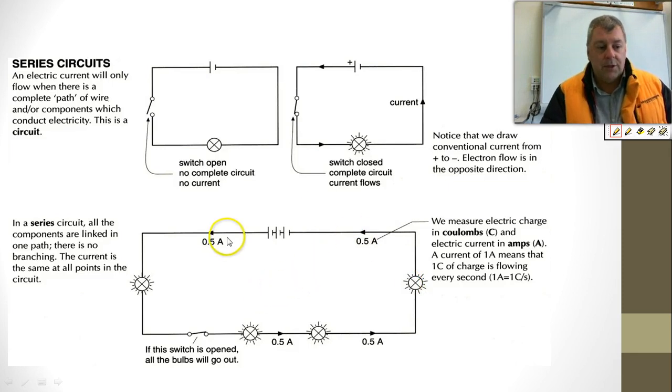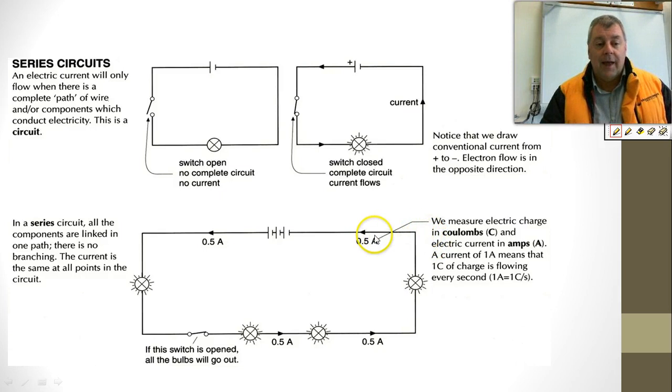Now you notice that we use a measure of current, and the measure of current is amps. Here we've got 0.5 amps, and because it's a series circuit, 0.5 amps is going through every part of the circuit. There's no choice. Now amps is a measure of how many electrons, and electrons carry coulombs of charge. Throwing out a few terms here, we'll get to use them a bit more later on.